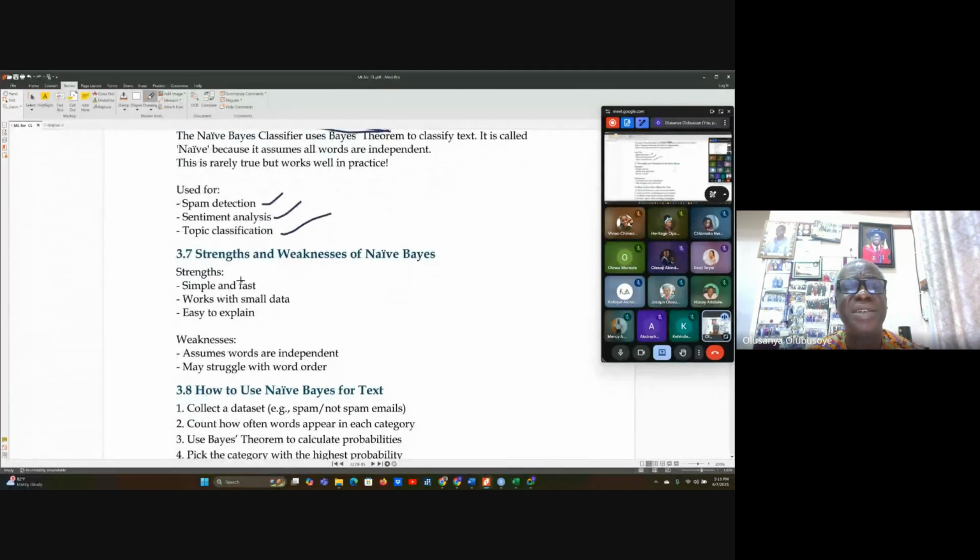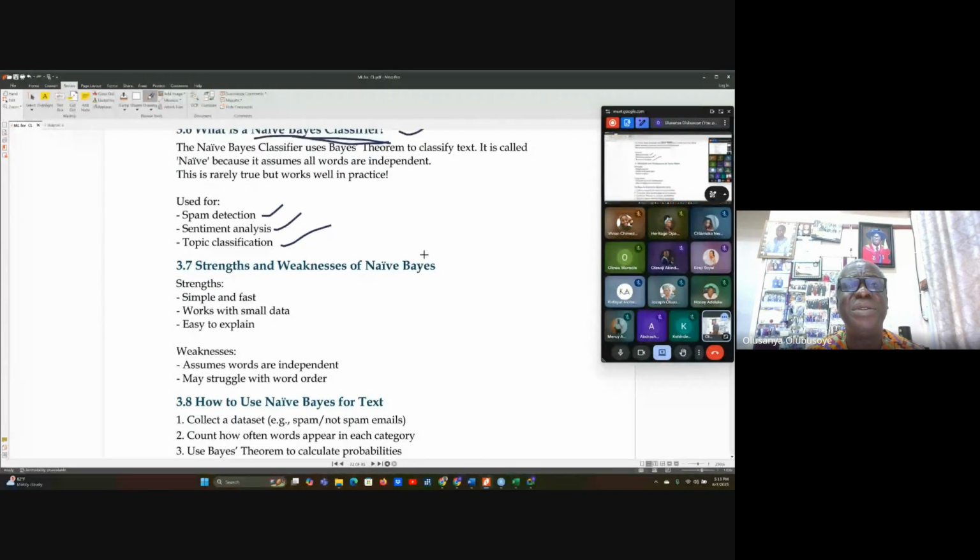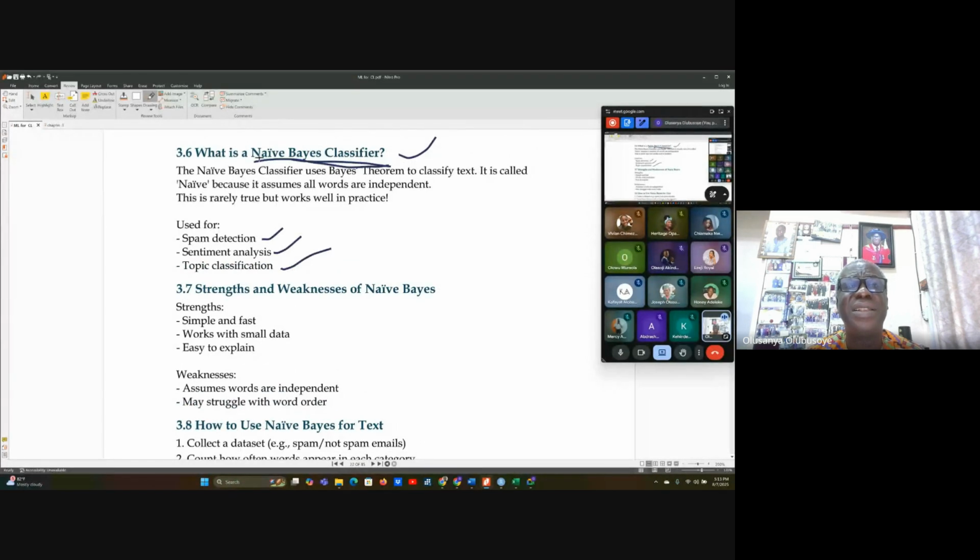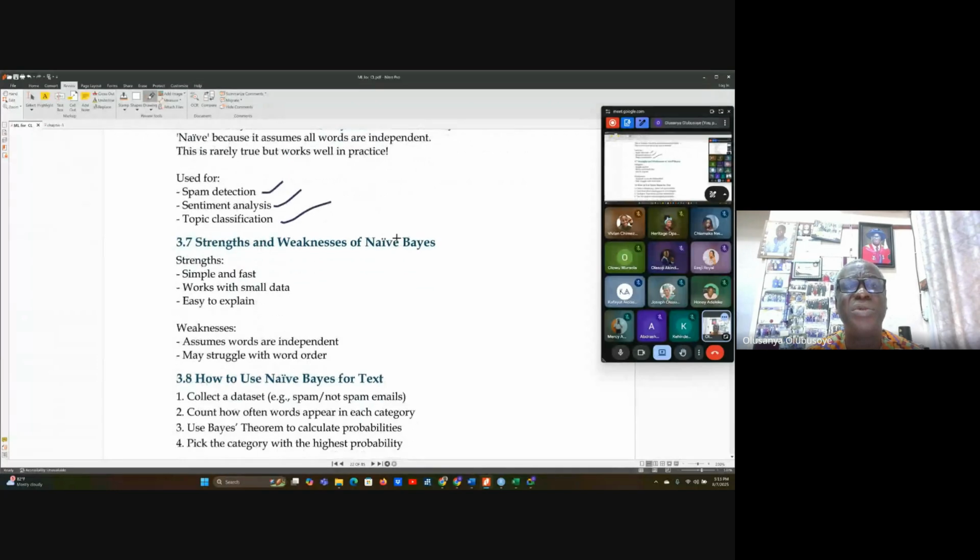The bottom line now is that this naive Bayes classifier uses the principle of the Bayes theorem that I just talked about. That's why we mentioned it in any case. So that principle is what we will apply in our demonstration example.